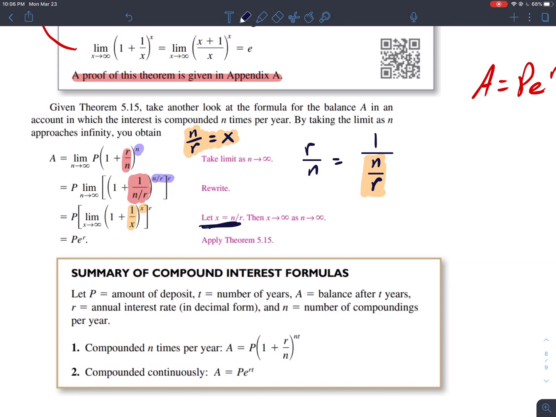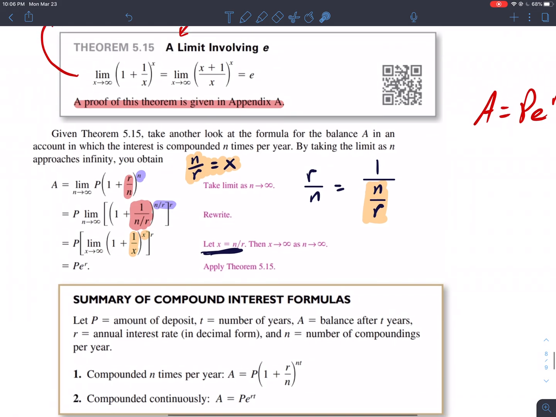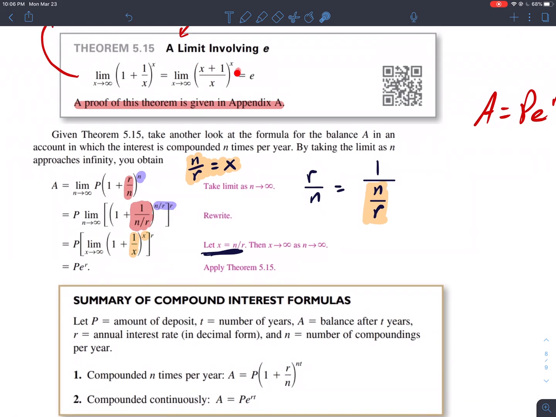Then we see very clearly that this limit here matches the limit up here. All right? They did a little variable replacement. I just explained all those replacements. If you didn't quite get it, you can go back and watch the video again if you want. But I love this proof.